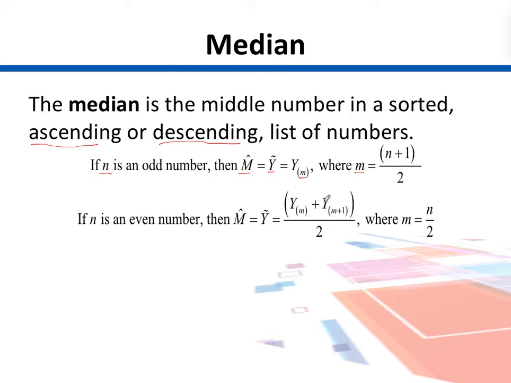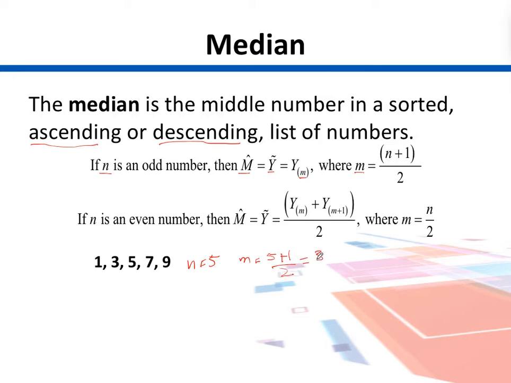For example, here n is equal to 5. So we have 5 numbers here, and m is 5 plus 1 divided by 2. So m is equal to n plus 1, that's 5 plus 1, divided by 2, that's 6 by 2.